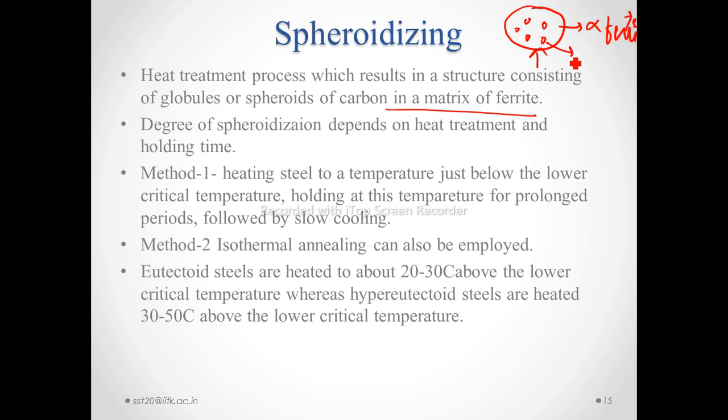This is carbide. Due to the globular, spheroid form, the forces applied on this material are uniform throughout the material. That's why it has improved mechanical properties as compared to the other microstructures.